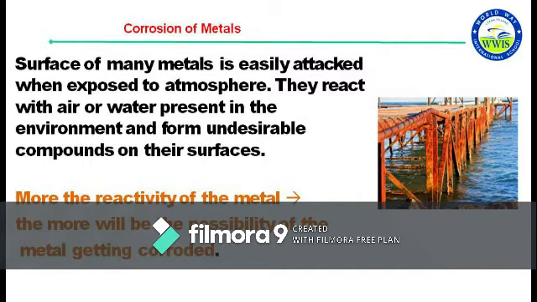So that means most of the metals which have higher reactivity are susceptible or vulnerable to exposure to atmospheric conditions and finally get corroded. So this whole topic finally explains the concept of corrosion of metals.